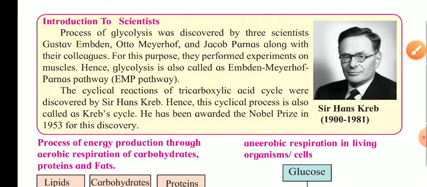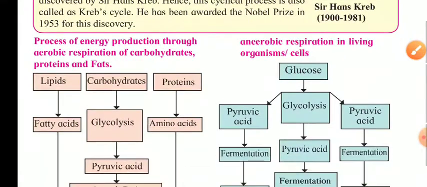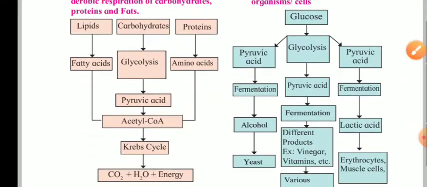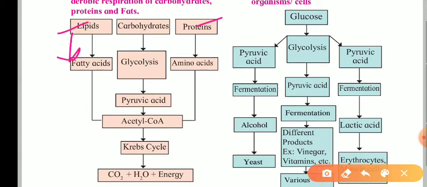Now here they have given the complete chart. The chart is simple, you can see the lipids and proteins. Lipid is converted into fatty acid and protein is converted into amino acid. If it is a carbohydrate, then first it goes through glycolysis, then the pyruvic acid, and then the acetyl coenzyme.